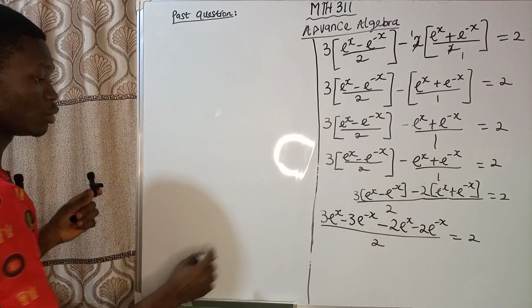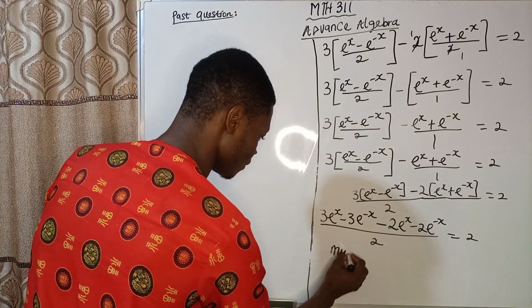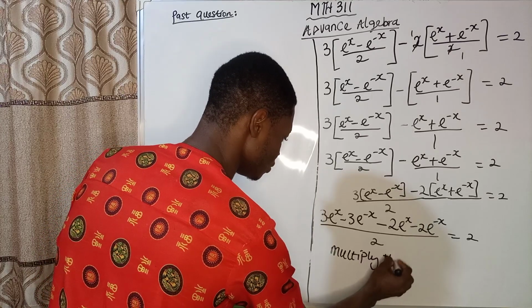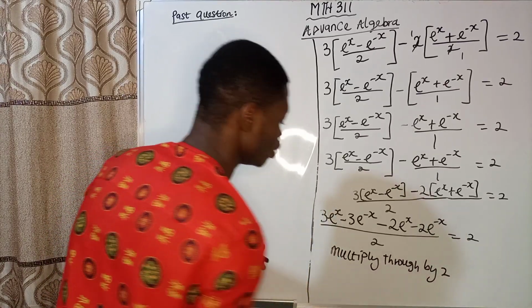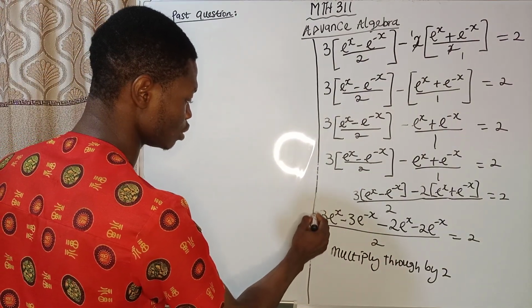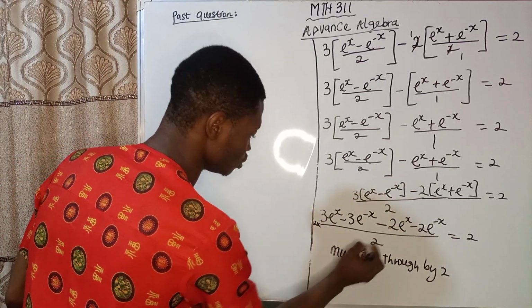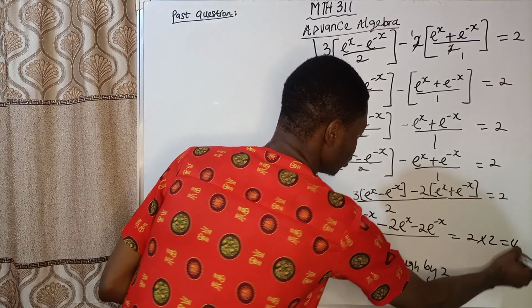So we are going to multiply through by 2. When we multiply 2 by 2, it will be what? Times 2, this one will cancel this one. Then multiply here by 2, it's going to be 4.